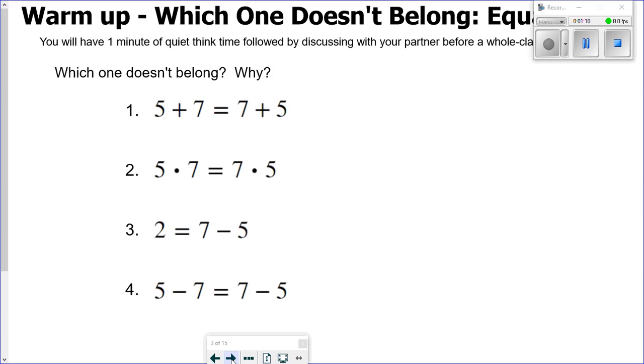Let's check your responses with mine. In actuality, you could have determined that any of these four equations don't belong. So based on what you chose, see if it matches my response. If not, go ahead and add to your notes at this time. Someone may say that equation 1 doesn't belong with the others because it is the only equation that involves addition.